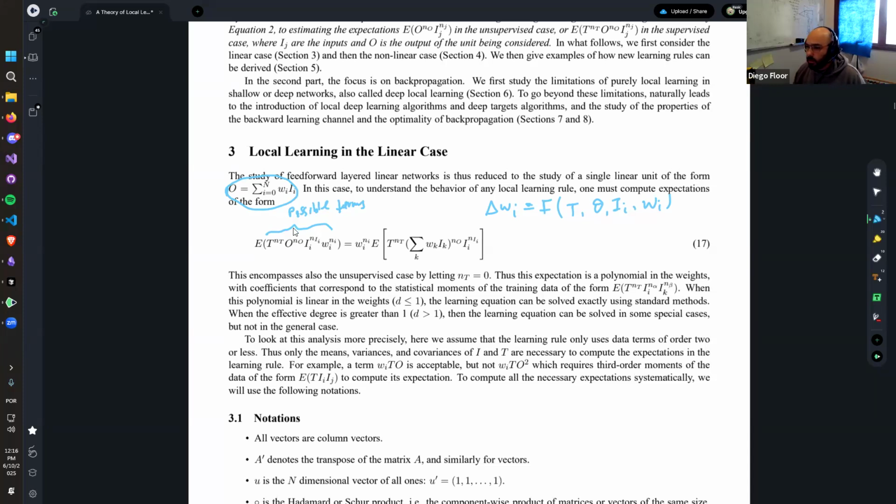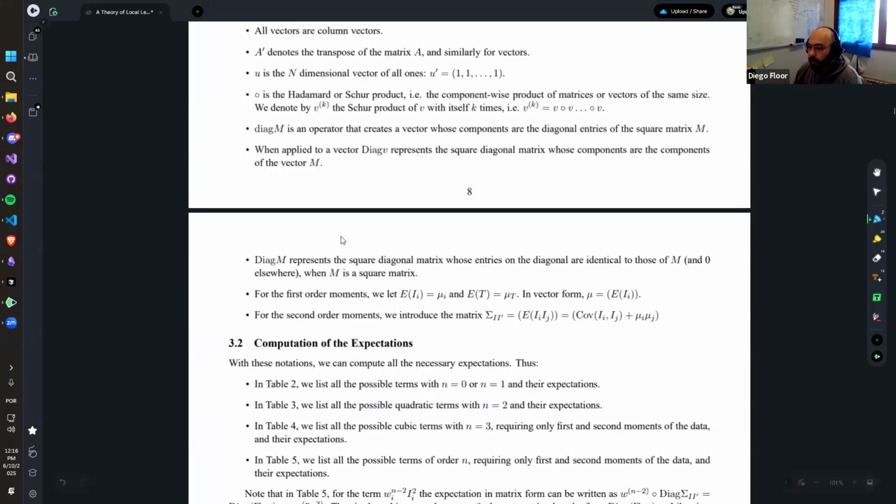And this is the expectation of all possible terms of these functions. So these are the exponents in t, in o, in I, in w, and we can actually expand this and calculate analytically most of it. So all possible terms, that's what they want to do.